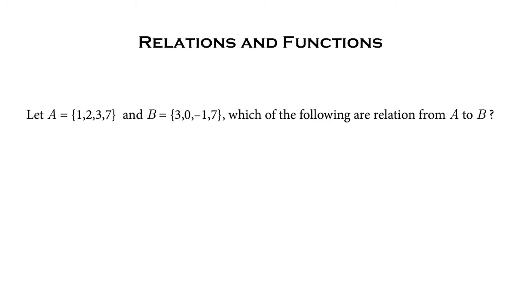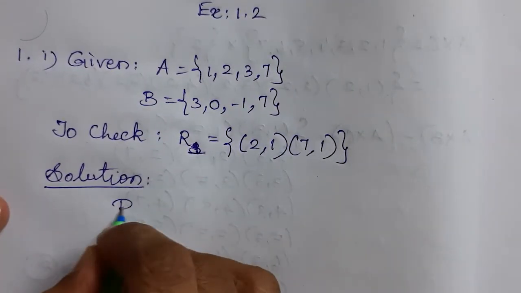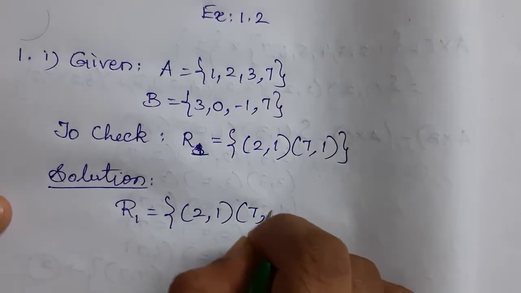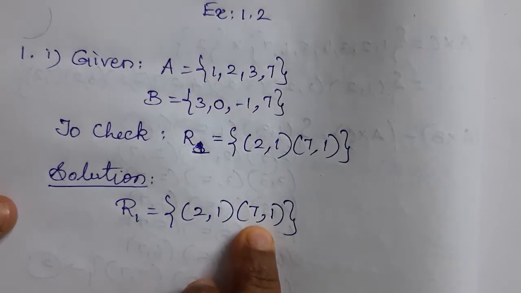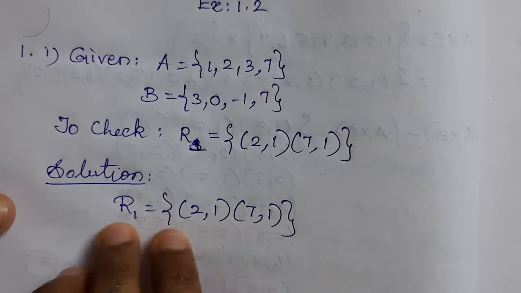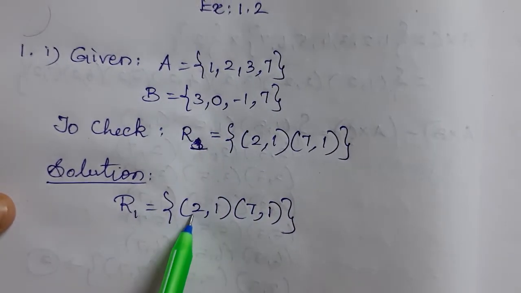First subdivision, R1 is a relation or not. R1 is equal to (2, 1), (7, 1). So solution, I told you a relation is given as R1 being a subset of A cross B. Where (2, 1) and (7, 1) are the given relation from A to B. So the first element is 2.